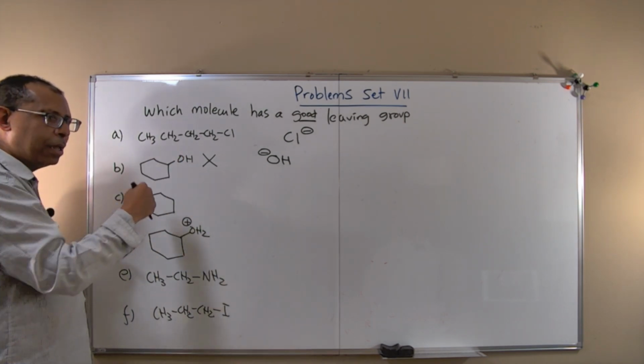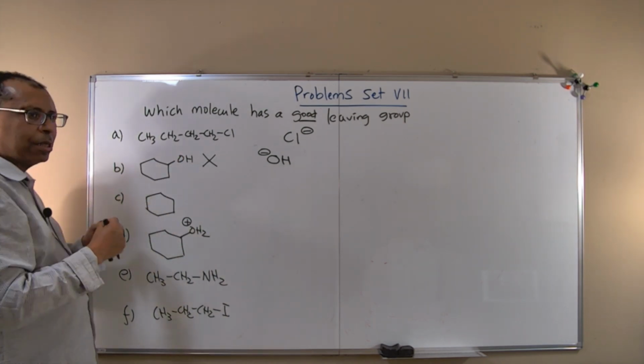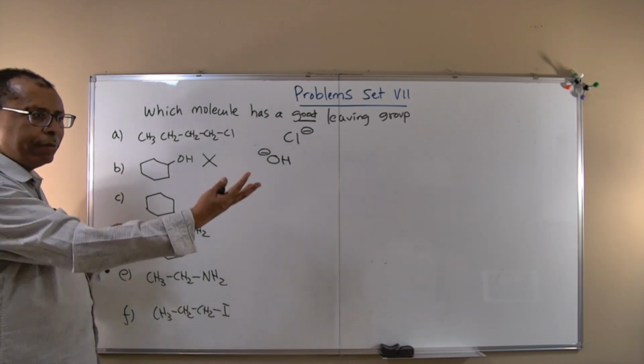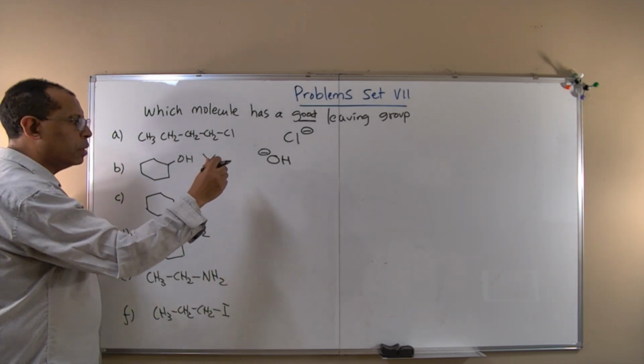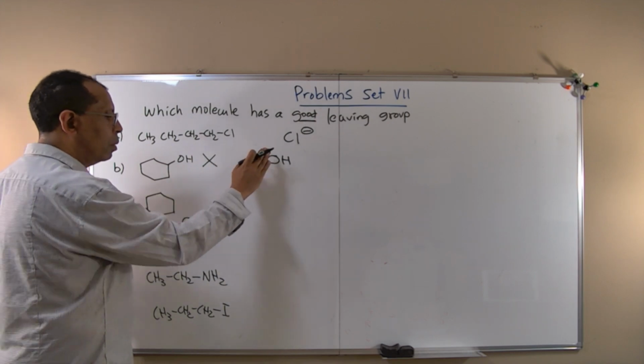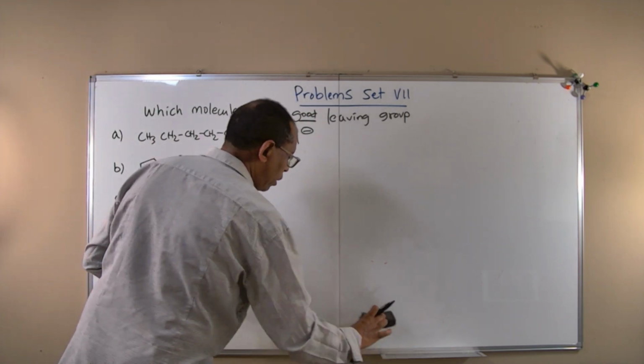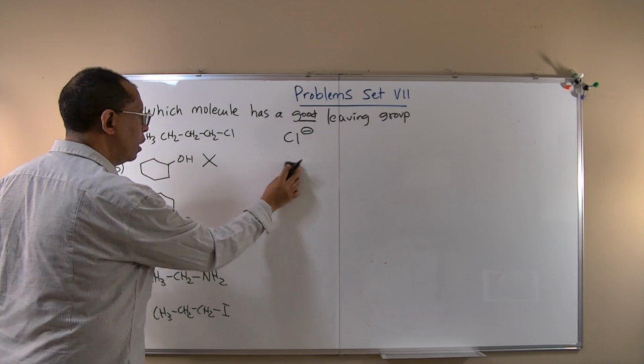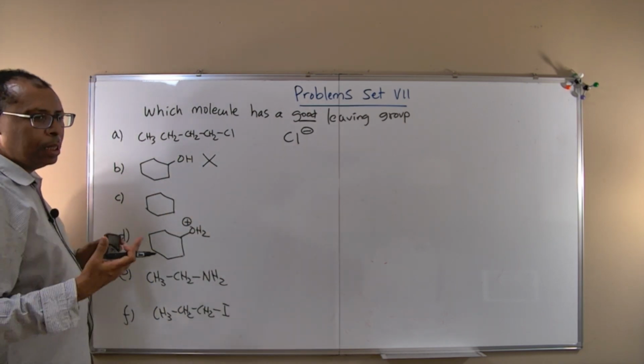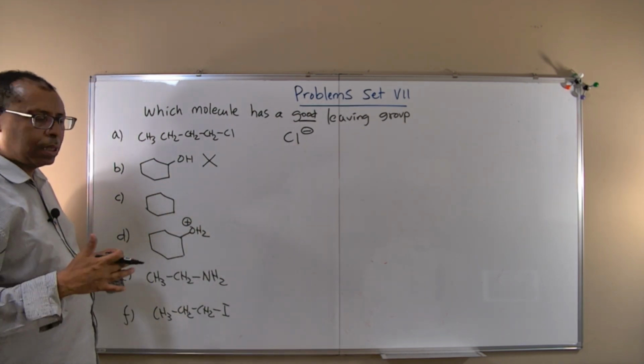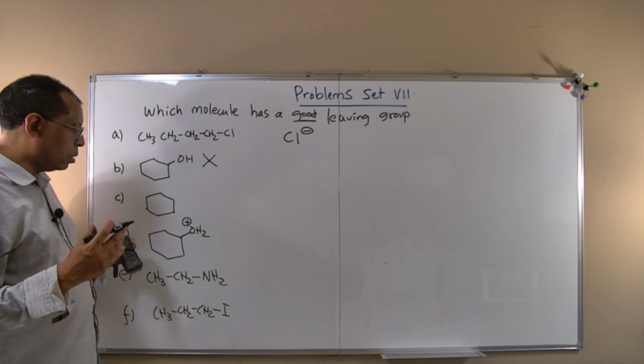So the nucleophile tends to attach itself to the carbon, not to leave that carbon. So OH is not a good leaving group. So this doesn't have a good leaving group. Number B doesn't react as it is in a substitution reaction.